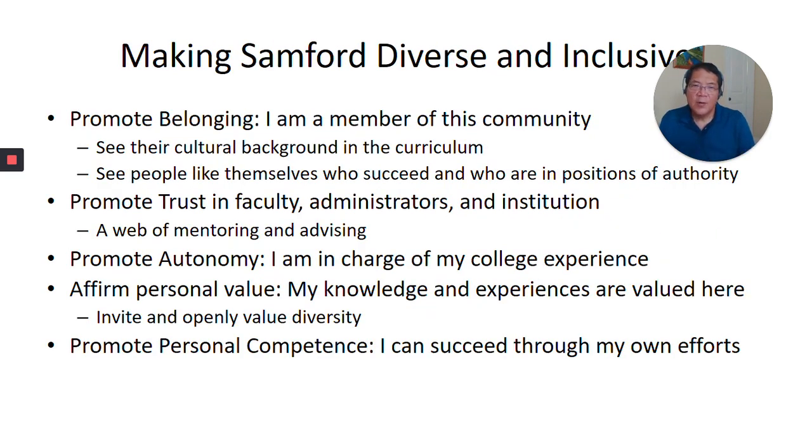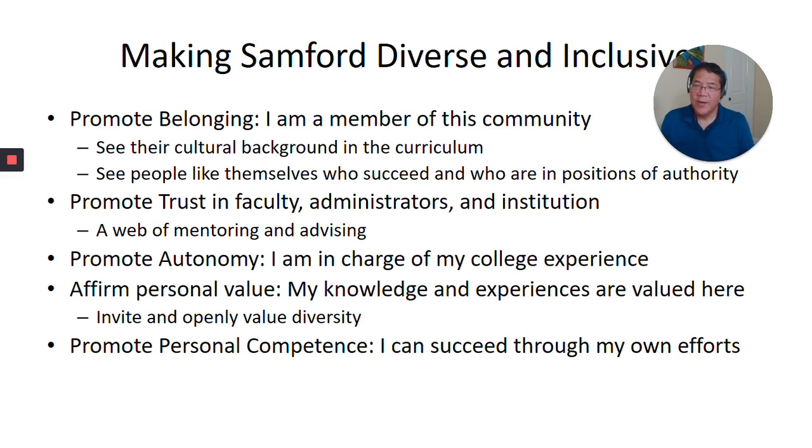So in order to make Samford more diverse and inclusive, in terms of successful learning, I would say here are 5 things we need to work on. Promoting belonging, and the easiest way to promote belonging is for students to be able to see their cultural background in the curriculum and to see people like themselves who are in positions of authority, or students like themselves who are more advanced, succeed.